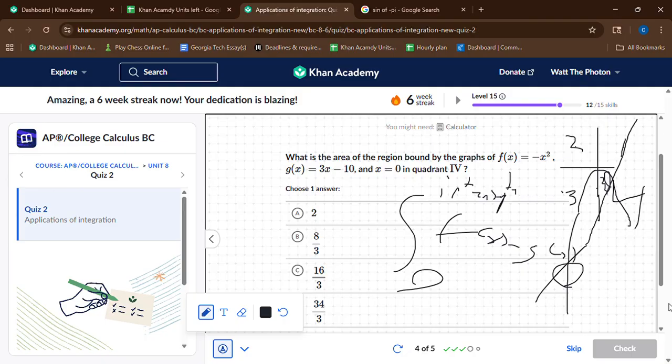Let me plug this in the calculator, but I'm going to do it by hand. f of x is negative x cubed over 3 from 2 to 0, and then we have minus g of x, which is 3x squared over 2 minus 10.